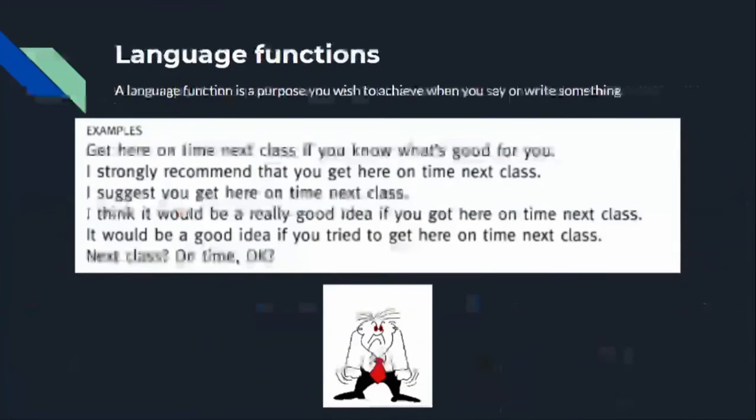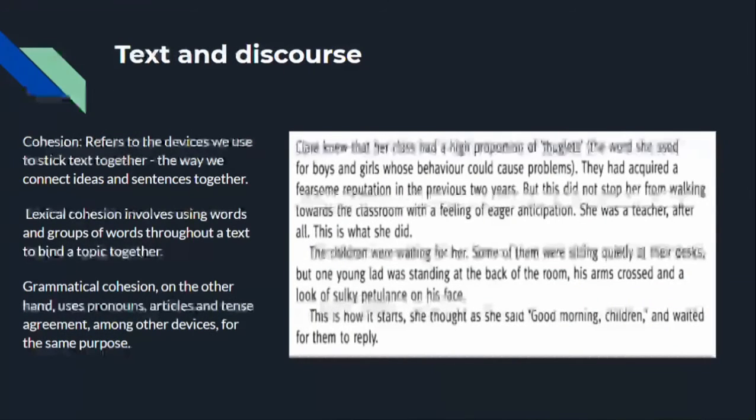And the last part I want to discuss is text and discourse. It refers to the devices we use to stick text together and the way we connect ideas and sentences together. Here we have lexical cohesion and grammatical cohesion.